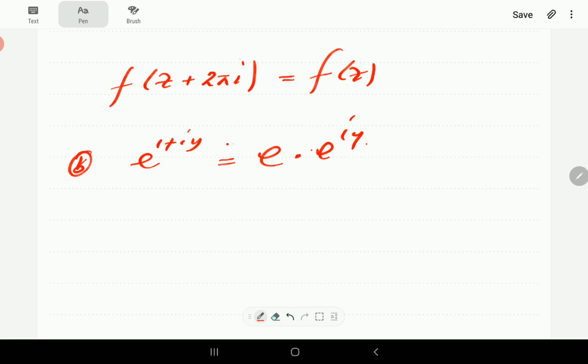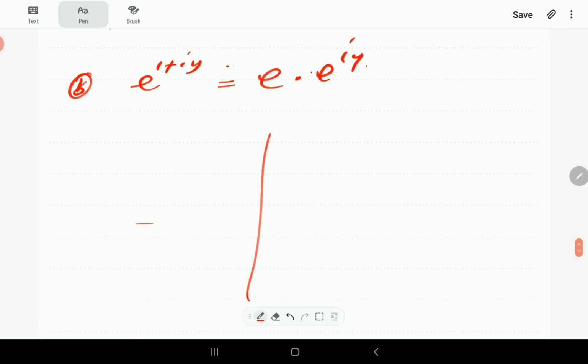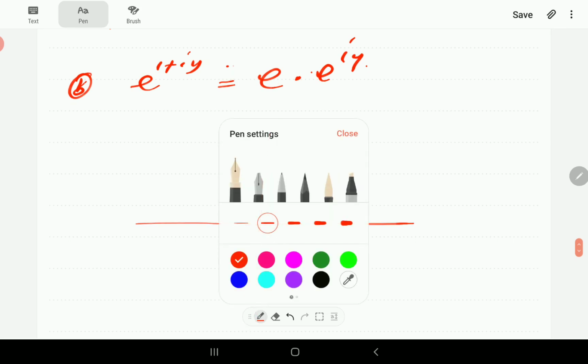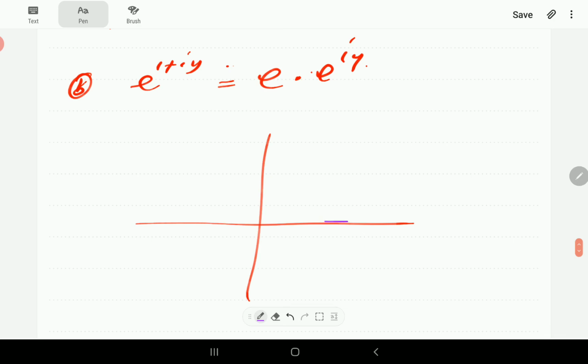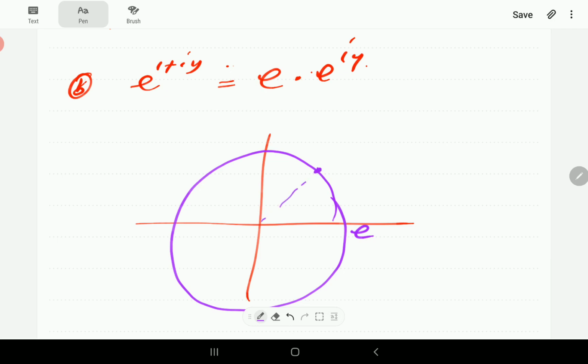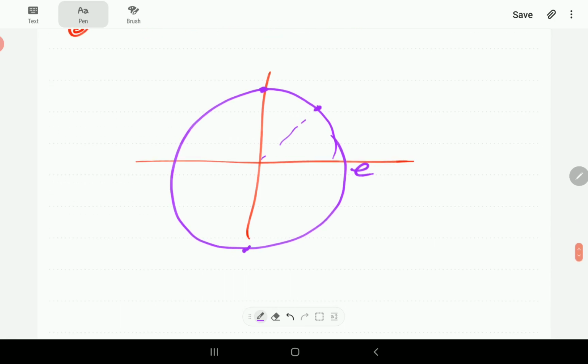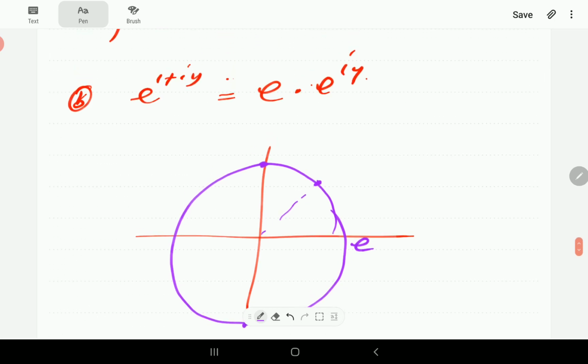So the radial distance is always the same. All that's going to happen is as you change y, you change the argument. So if y is pi on 4, then we're here. If y is pi on 2, we're here. If y is 3 pi on 2, we are there, etc.